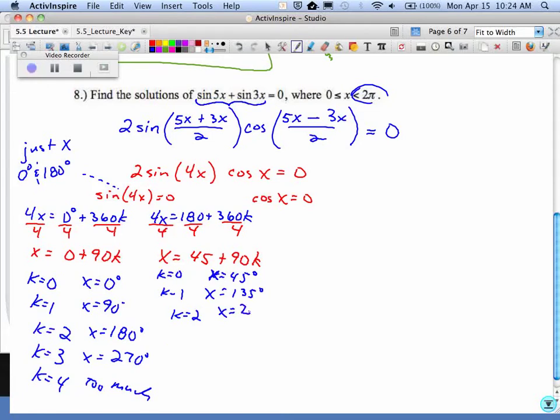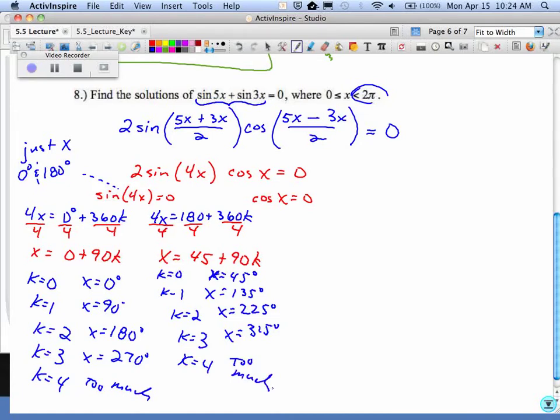When k is 3, what do we get? 270 plus 45 is 315. But when we get to k is 4, that's when we have too much again. So we have 8 answers coming from that one.